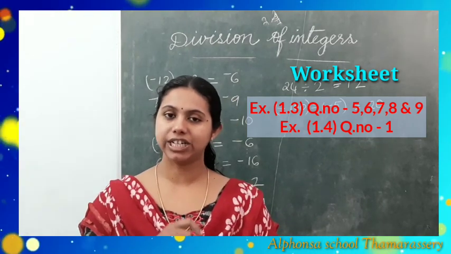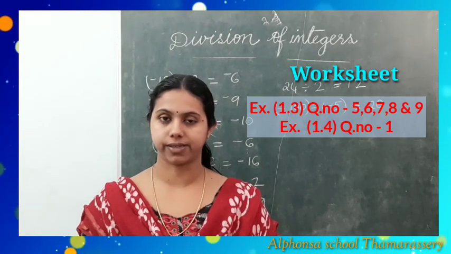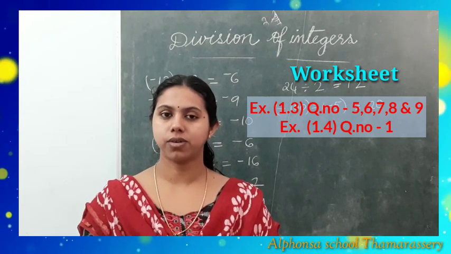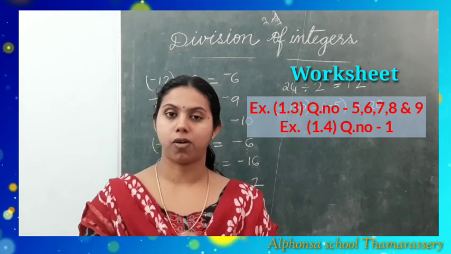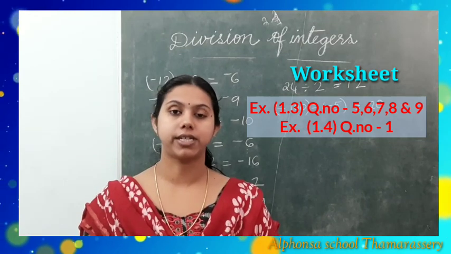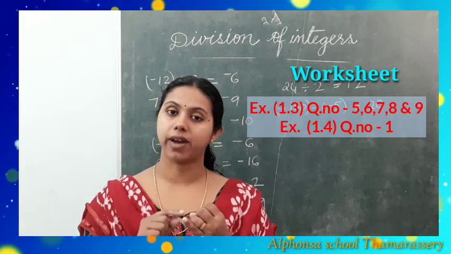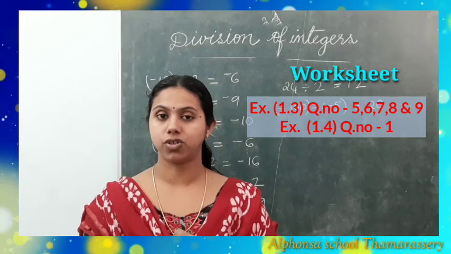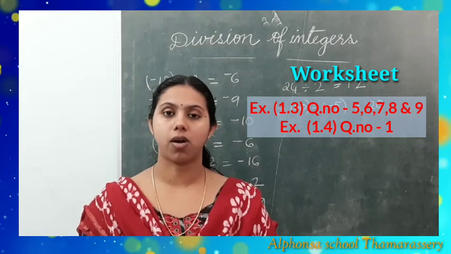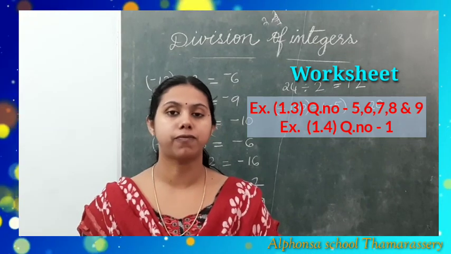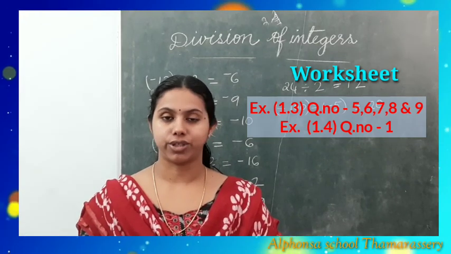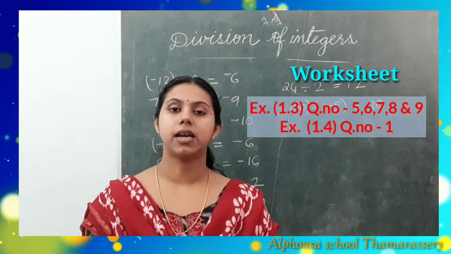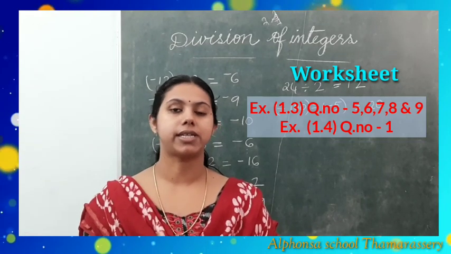Write the heading, division of integers. You should read your textbook and underline the important points. Those points you should write in the notebook. That means when we divide a positive integer by a negative integer, divide them as whole numbers, put a negative sign before the quotient. All the points we discussed, those 4 points you should write in the notebook.